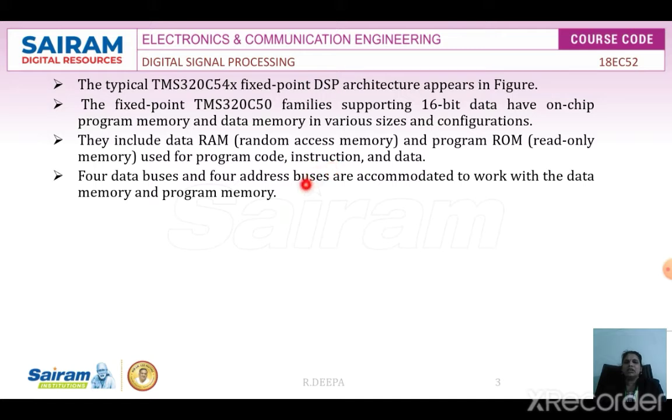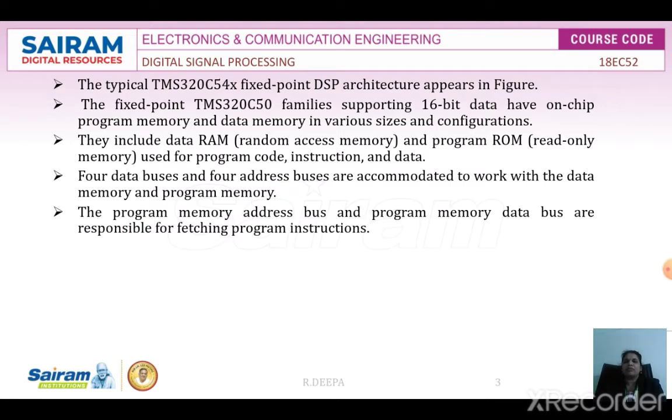And as we have seen in the block diagram, it has got 4 data buses and 4 address buses, which are used to accommodate the work with respect to the data memory and the program memory. And also this address and the program memory is responsible for fetching the instructions from the memory.